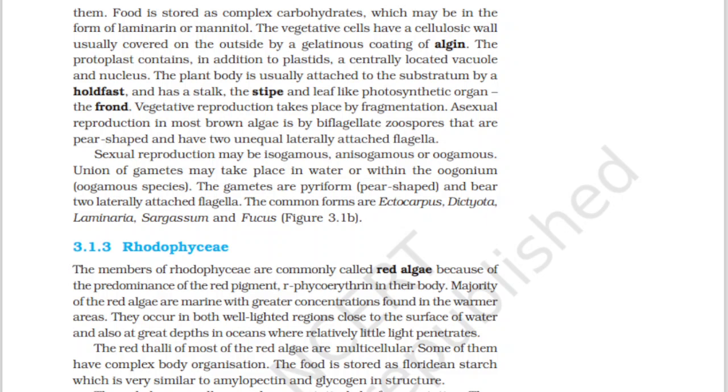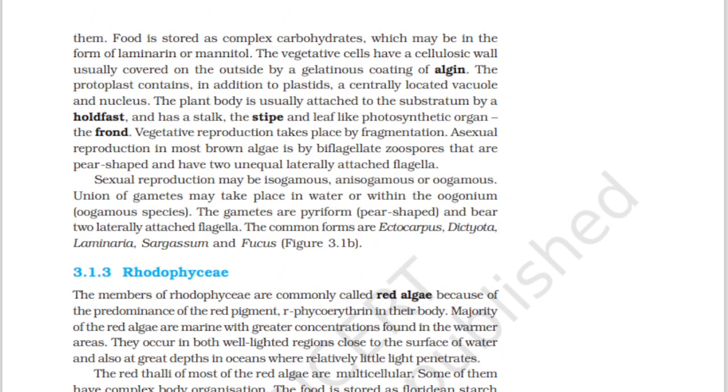Union of gametes may take place in water or within the oogonium. The gametes are pyriform and bear two laterally attached flagella. The common forms are Ectocarpus, Dictyota, Laminaria, Sargassum, and Fucus. These five examples come under Phaeophyceae.